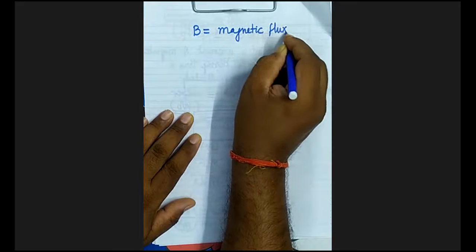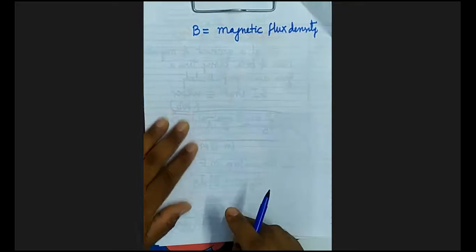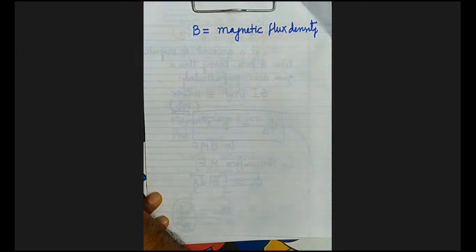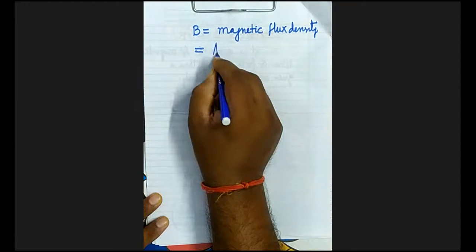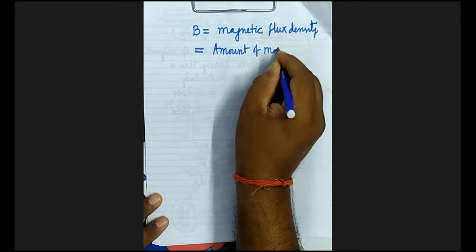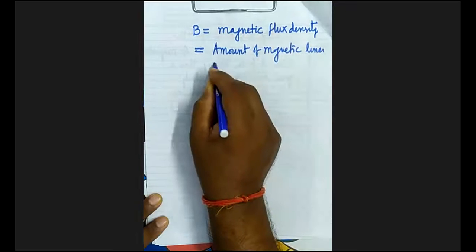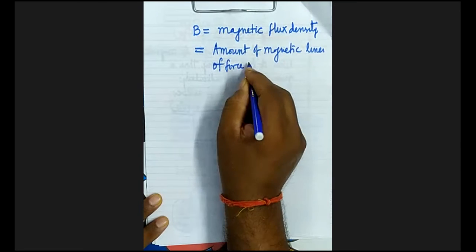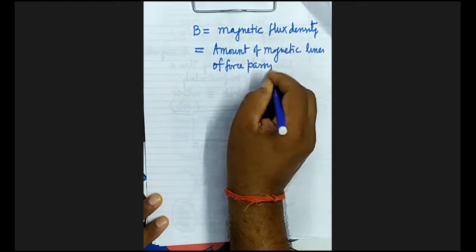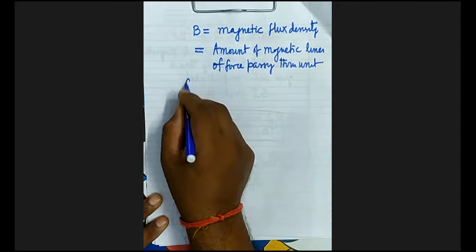Flux density. That is amount of magnetic lines of force passing through unit area perpendicularly.